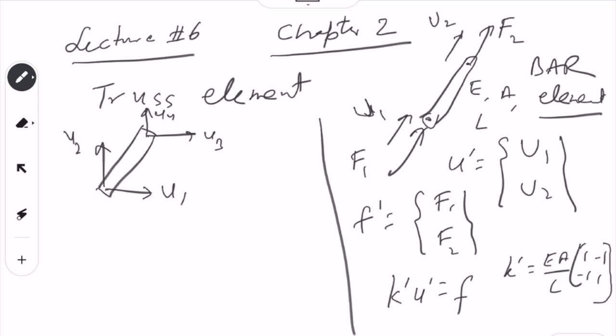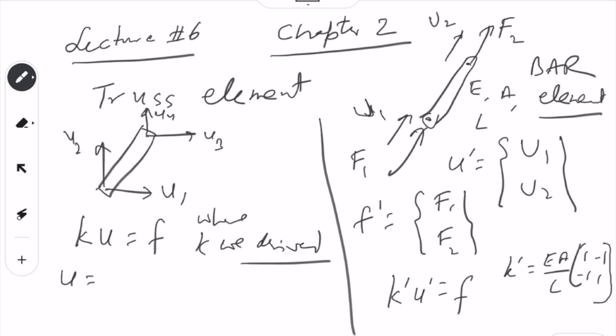And we found out for this system also there is a stiffness K, and we derived that such that Ku equal to F, where K we derived in the last lecture, and U is equal to U1, U2, U3, U4, and then F we have F1, F2, F3 and F4.